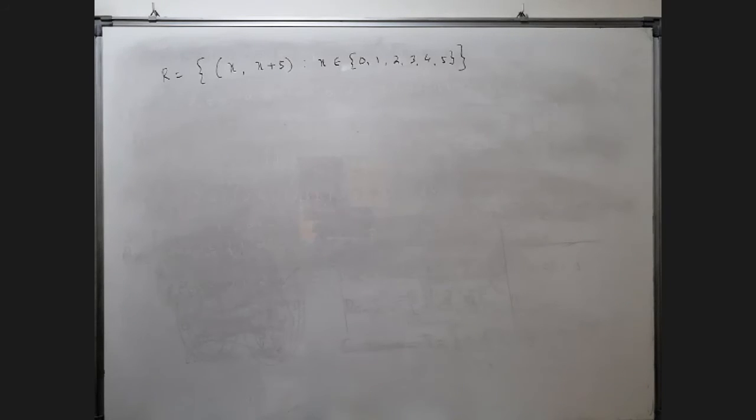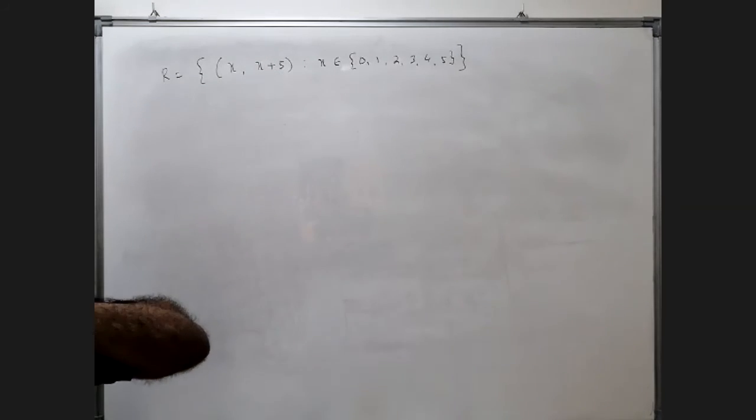Write this in roster form. x plus 5 means that in the ordered pair, the second number should be 5 more than the first number.